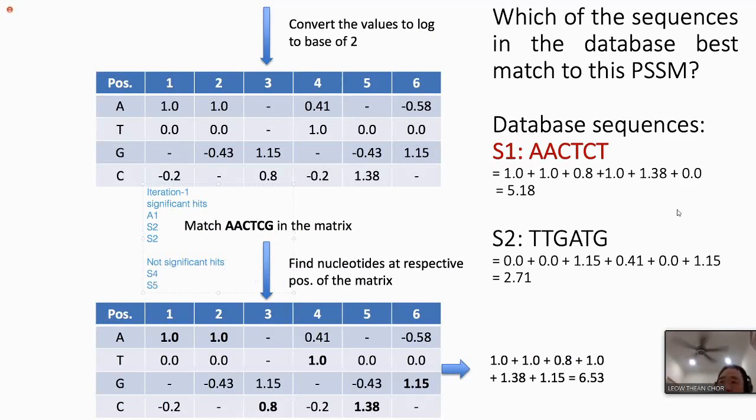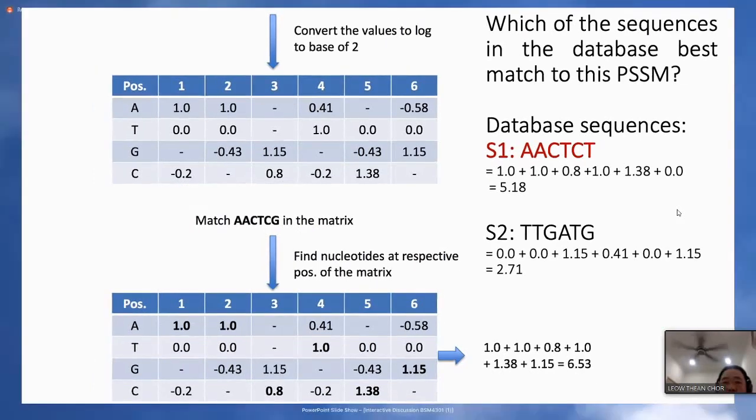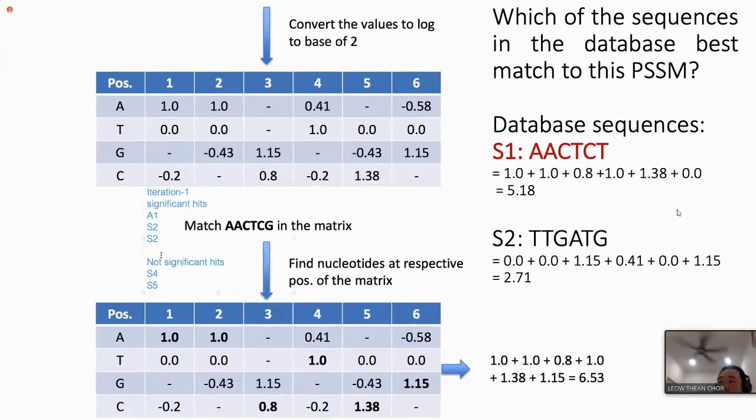This is the output obtained from iteration 1. Since only 3 sequences were reported with good e-value, and the default e-value for PSI-BLAST is 0.005, it means the e-value here is less than 0.005, right?